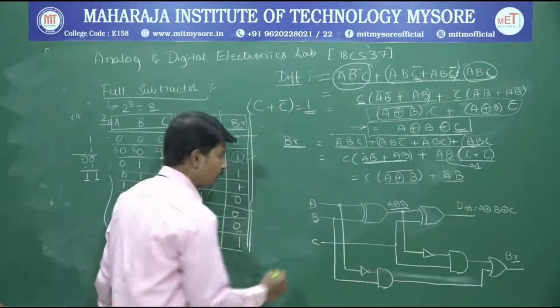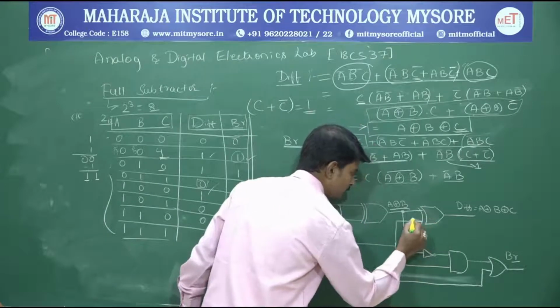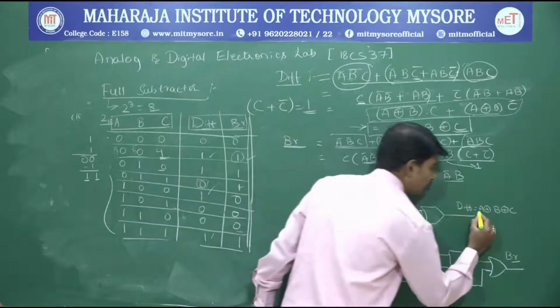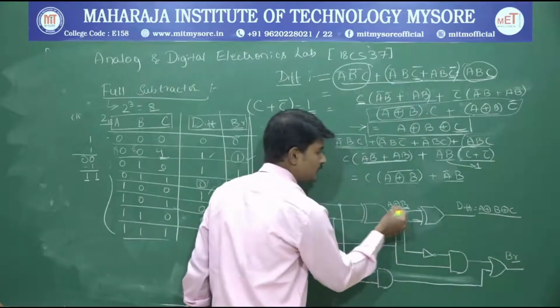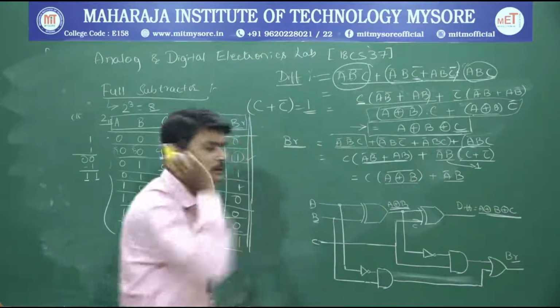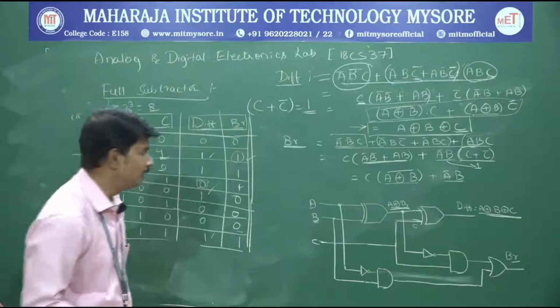So I take one more XOR gate, as you can see here, XORed with C. The previous result XORed with C gives the difference equation, A XOR B XOR C.